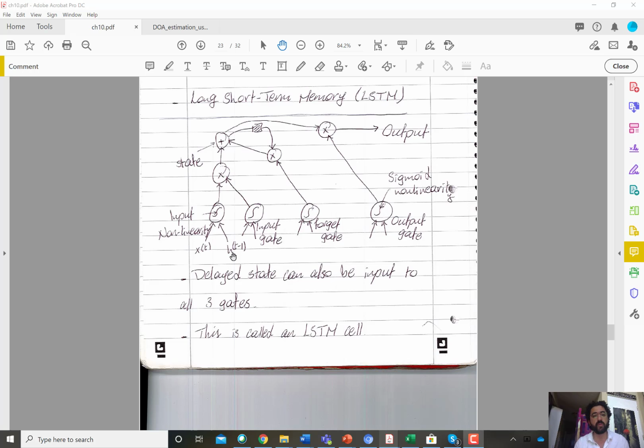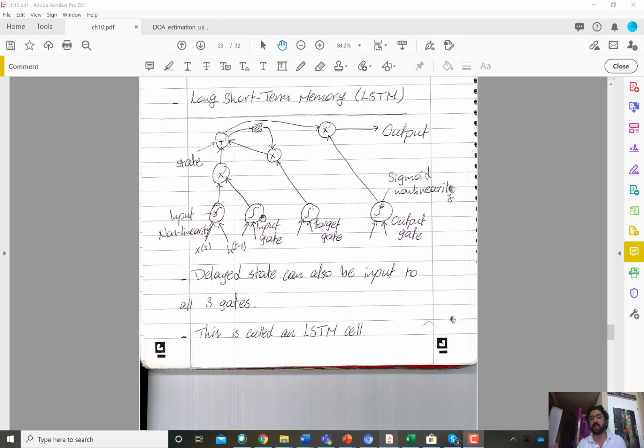We can apply a nonlinearity to that input, as we do normally without having gates. Then we have an input gate that controls how much we are letting that input after the nonlinearity affect the current state, right? So here we have the input nonlinearity, then multiplication by the output of the input gate.